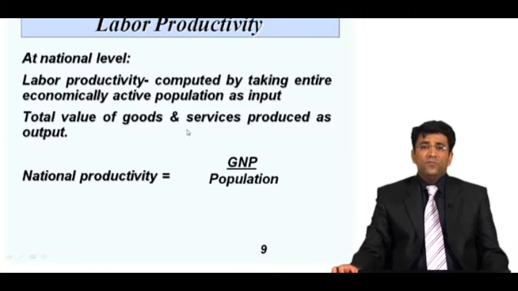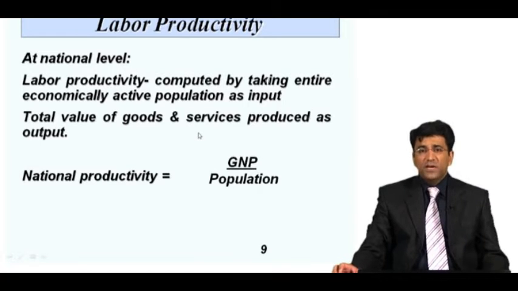Now students, we are just talking about productivity at the organizational level, but it is also possible to calculate productivity at the national level. If we are able to find out the total value of the goods and services produced in our country, and we divide that sum by the total population, we will get the national productivity.